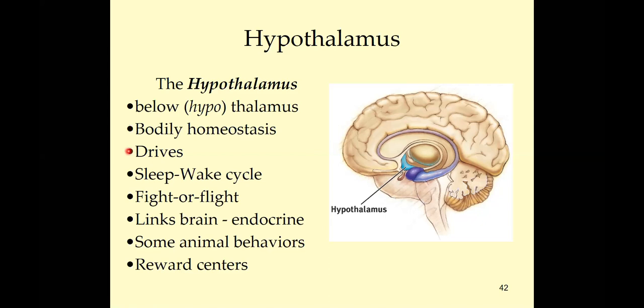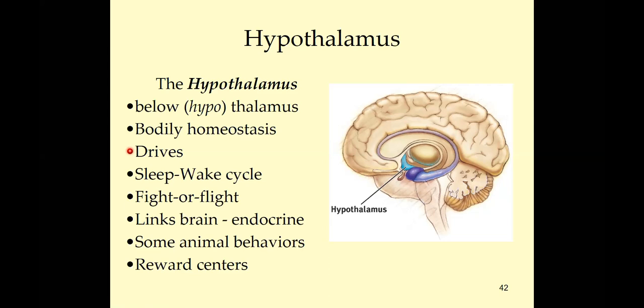It's also the portion of the brain that is very much instrumental in producing what we call drives. So when we're lacking something that we need physically, this is going to produce a tension to correct that state. So for example, if we don't have enough liquid in our bloodstream, this area of the brain is going to produce the drive of thirst.